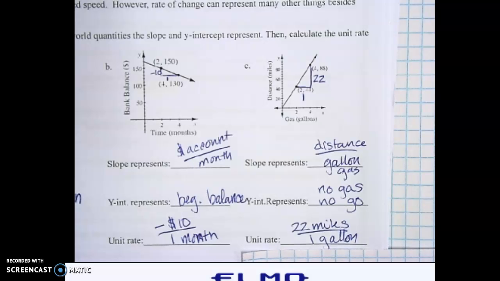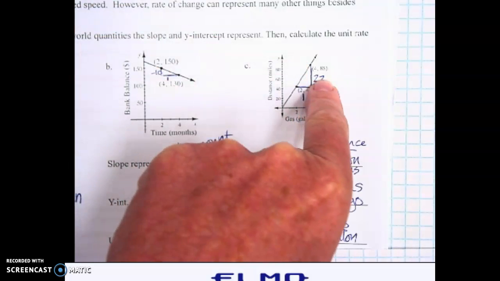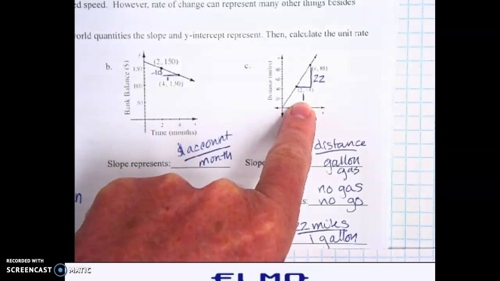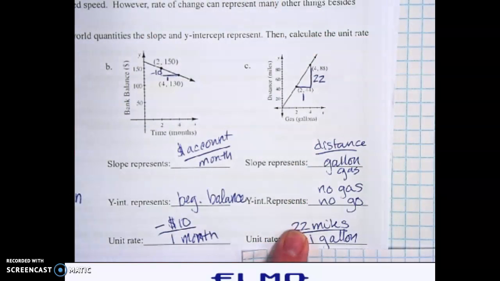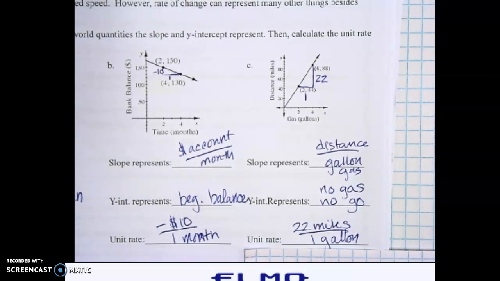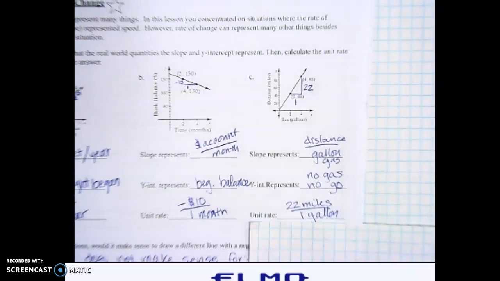Your slope triangle should tell you that your y value is changing by 22 and your x value is changing by 1. Okay? So you're going to go 22 miles for every gallon of gas you have. That's pretty average for a car. Some are better, some are worse, depending on if they're a hybrid or whatever. Okay, but 22 miles for every 1 gallon. And then if you see how much gas costs, you're going to go, oh, I can't afford this. All right? Any questions on part C?